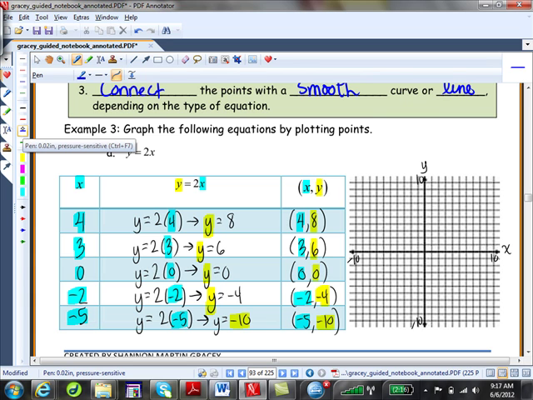So here we go. Let's go ahead and graph our points. So 1, 2, 3, 4 to the right. 1, 2, 3, 4, 5, 6, 7, 8 up. That's 4, 8. And then 3, 6. 1, 2, 3, 1, 2, 3, 4, 5, 6. 0, 0.